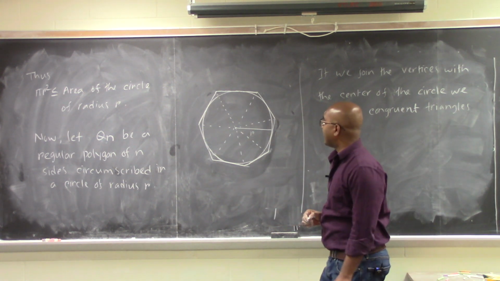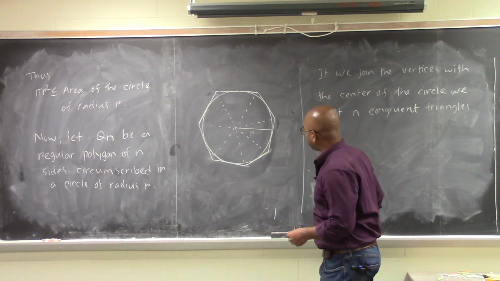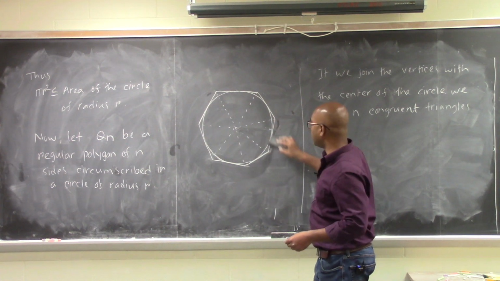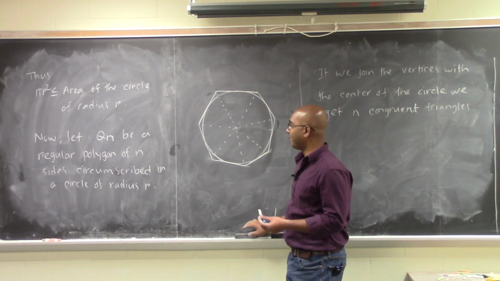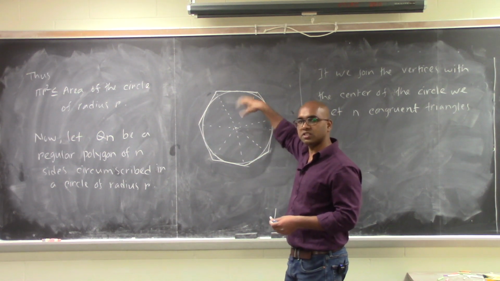Okay. And what will happen then is the area of this circumscribed polygon Q sub n will have area that is n times the area of any of these triangles.